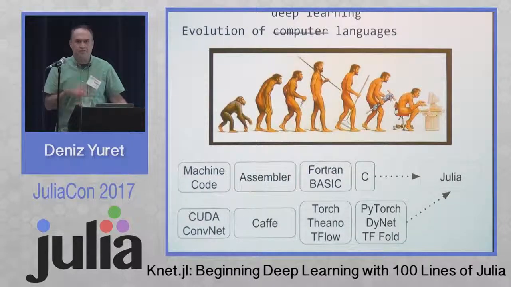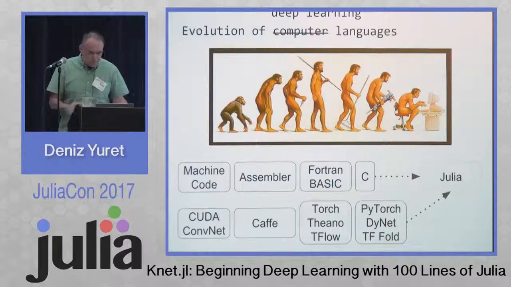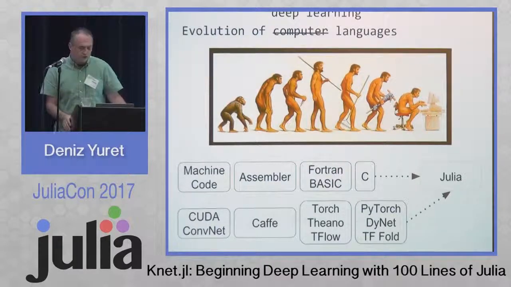You instrument that, and then you record all the primitive operations, and that gives you the computational graph automatically. You don't actually have to compile the language yourself. So, as my final arrow indicates here, I see the future of the deep learning languages converging to Julia as well. So we might as well actually start there. That's why the Knet philosophy is just Julia and little else.